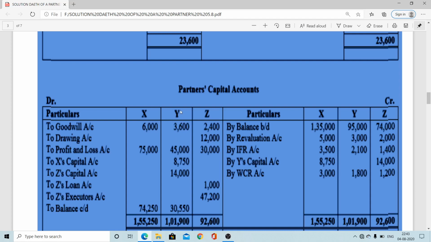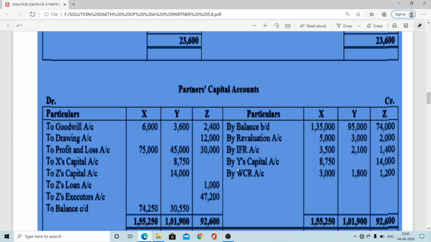Y's capital account debit to X capital, Y's column, and Y's capital account debit to Z capital, Y's column. As this is only the gaining partner, both the amounts will come in his column. Then you have to pass the respective contra entry.